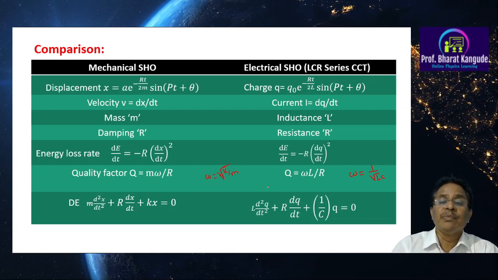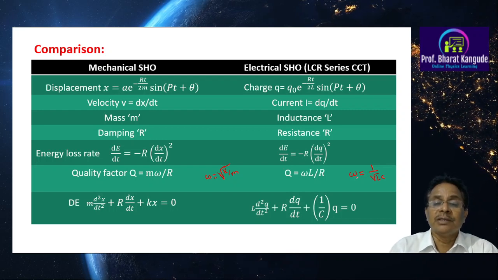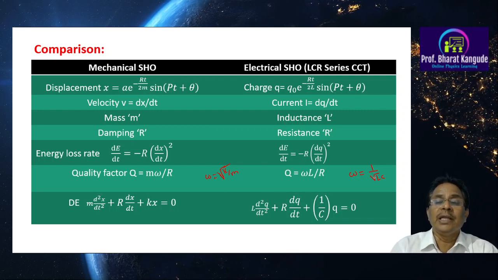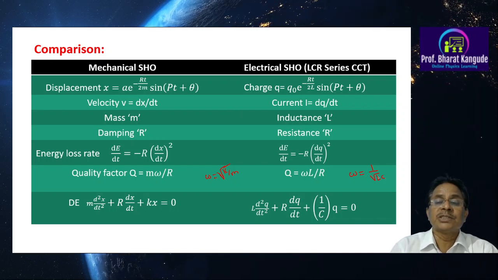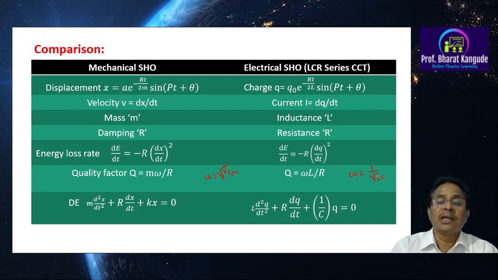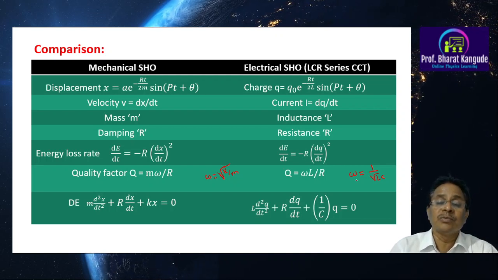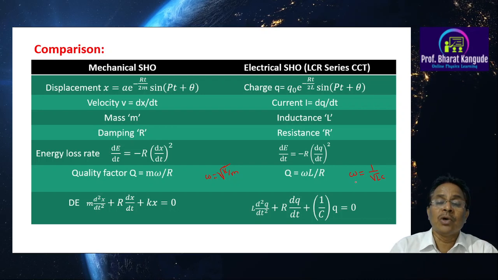Here also we take omega to be 1 upon root L into C: the product of inductance and capacitance, its square root, and the reciprocal give the angular frequency of this electrical damped harmonic oscillator.